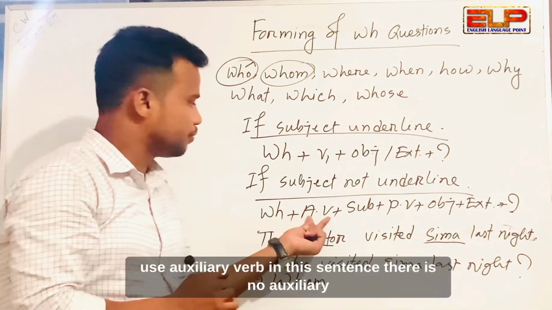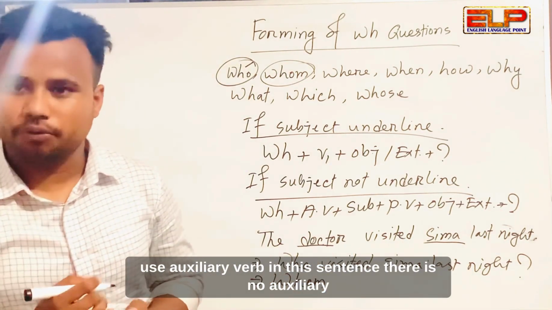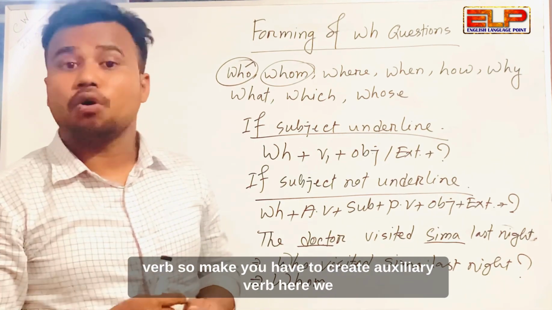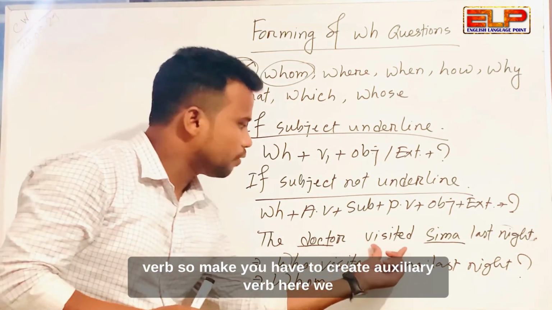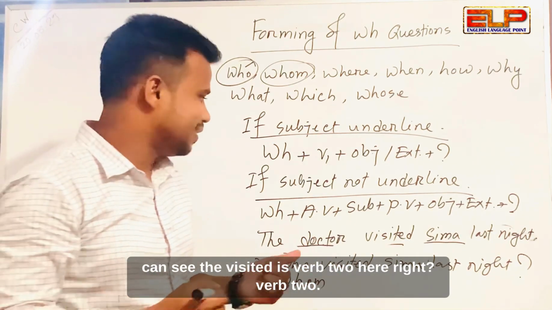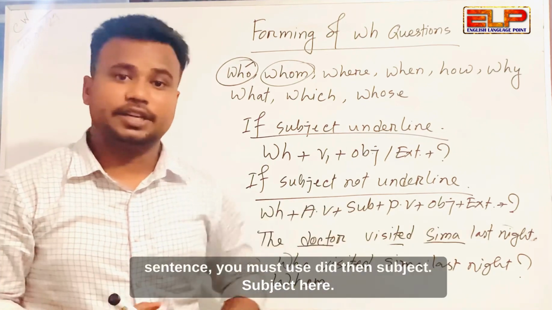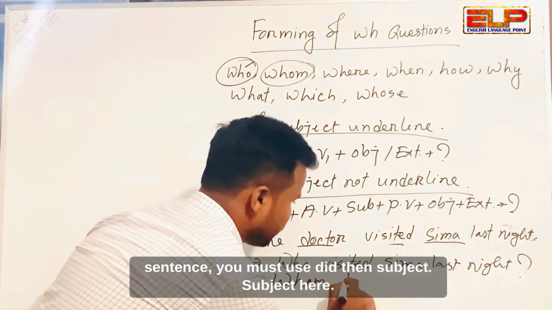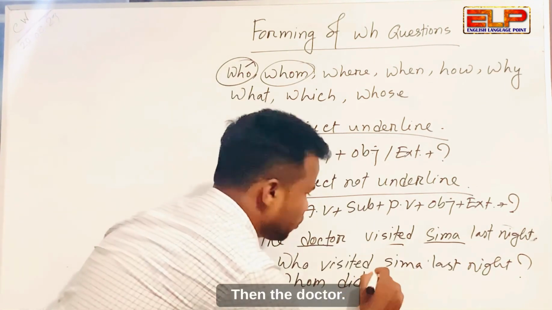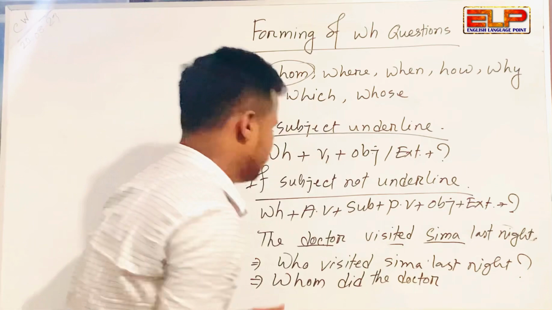Then we must use an auxiliary verb. But in this sentence there is no auxiliary verb, so we have to create one. Here we can see visited is verb 2, right? Whenever we find verb 2 in the sentence, you must use did. Okay? Did. Then the subject, the doctor.